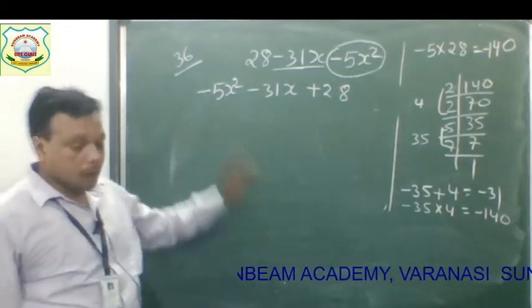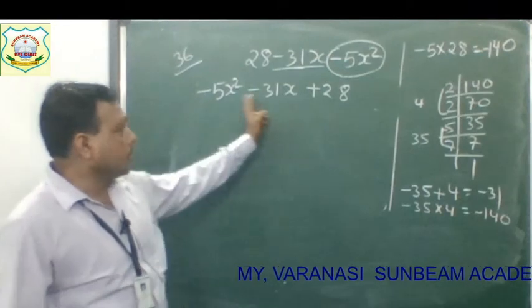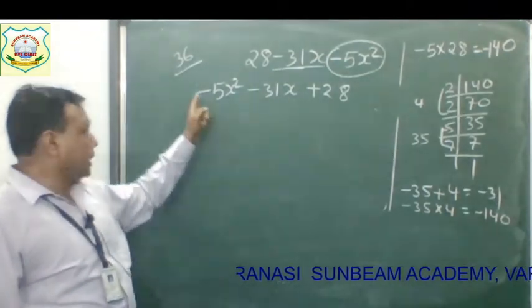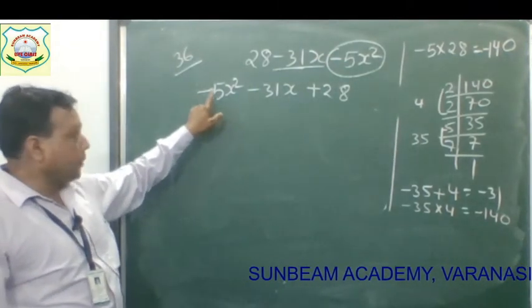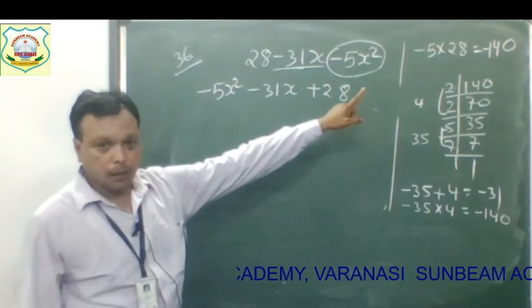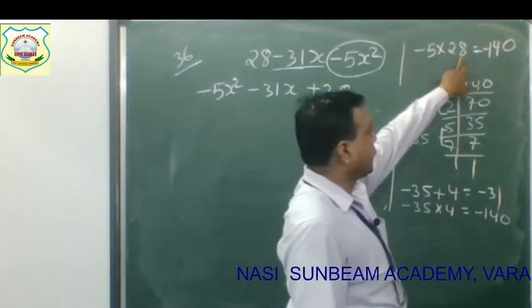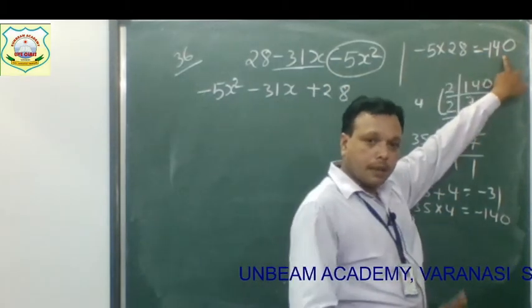So students, in the previous question you got this sequence up to 35, only here there is the minus sign, but we have to do it the same way: minus 5 into 28, minus 5 into 28, minus 140, the same way.